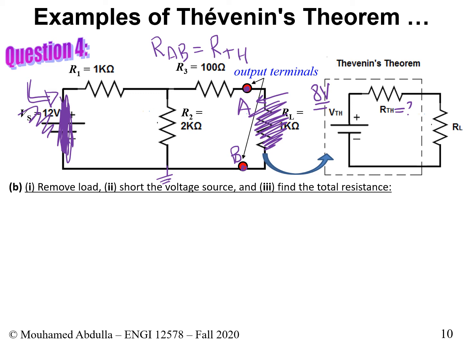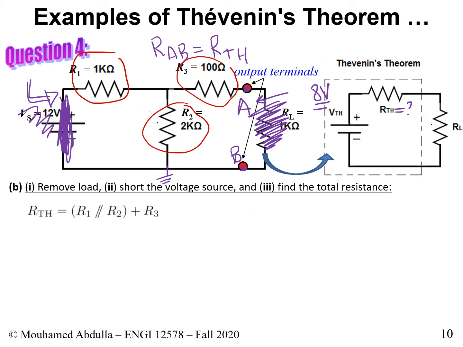If you notice, we really have R1 and R2 connected in parallel, and then the result that you get is in series with R3, and this will give us our Thevenin resistance. So this is exactly what we said. It's this resistor with this resistor that are in parallel, and then the result you add to R3, and this gives us RTH.